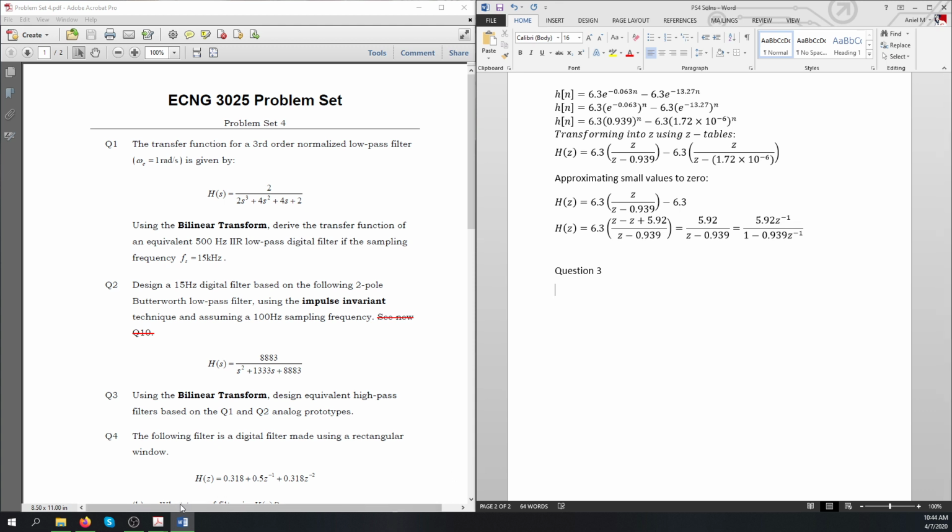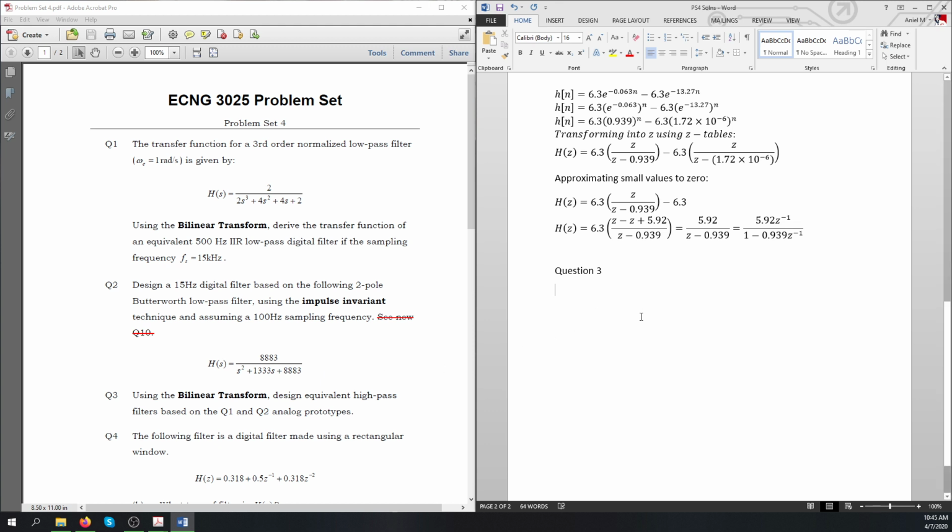Alright, so question 3 basically is asking us here to use the bilinear transform to design equivalent high-pass filters based on the question 1 prototype here and the question 2 prototype here.